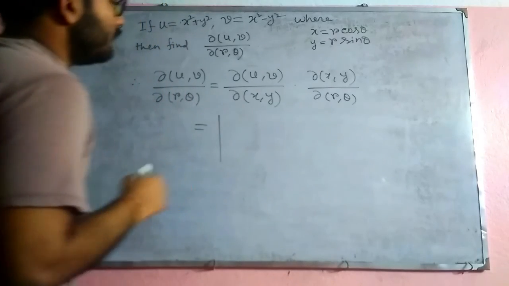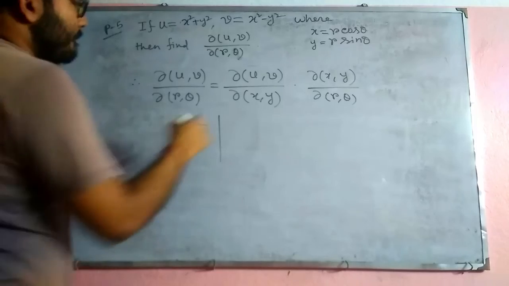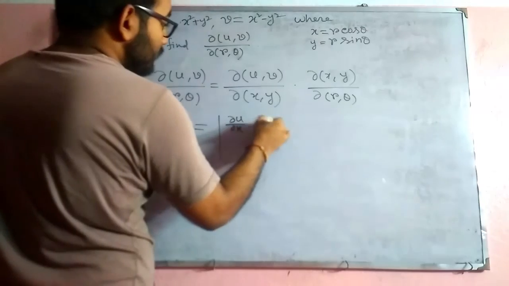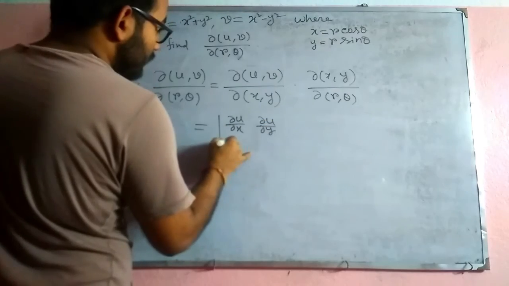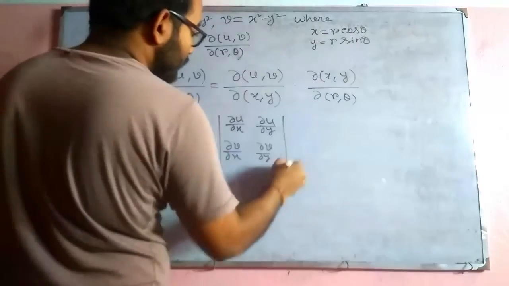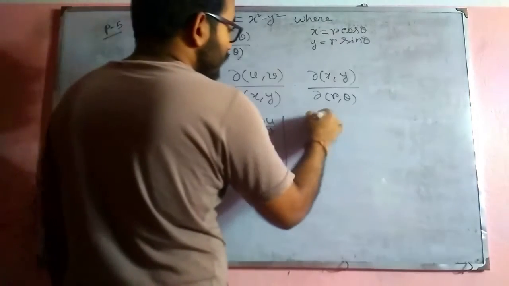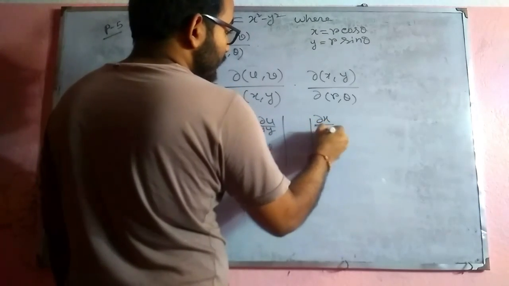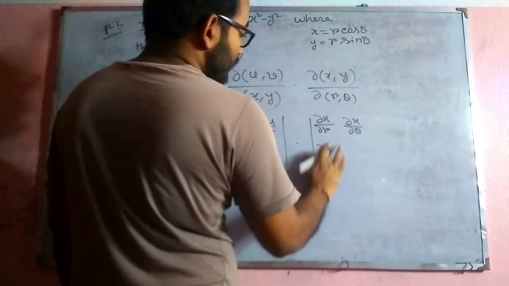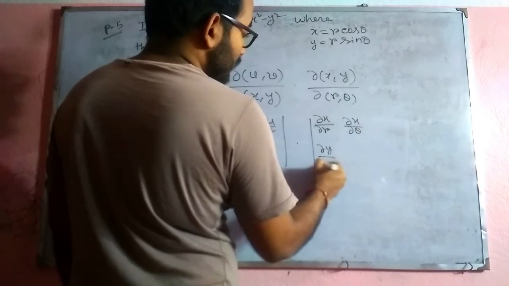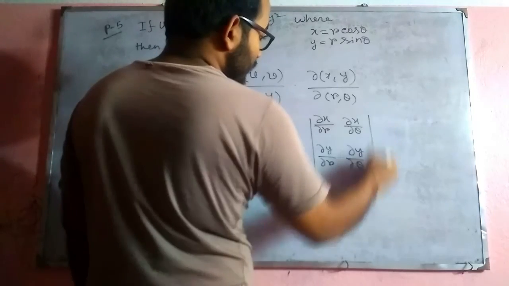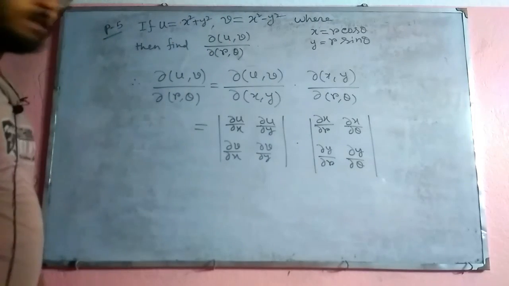And del of u v by del of x y is the determinant of del u del x, del u del y, del v del x, del v del y, into the determinant of del x del r, del x del theta, del y del r, del y del theta. That's it. Calculate the partial derivatives.